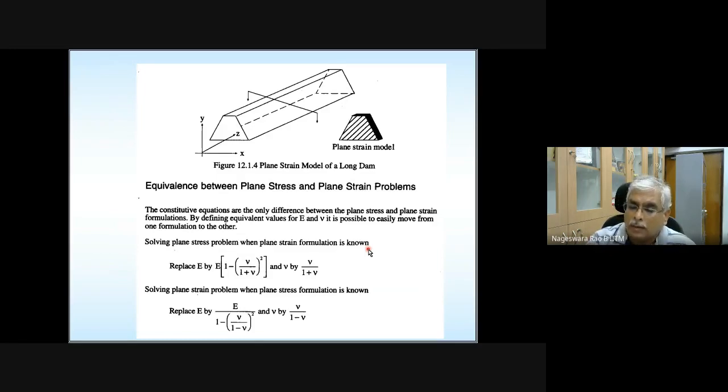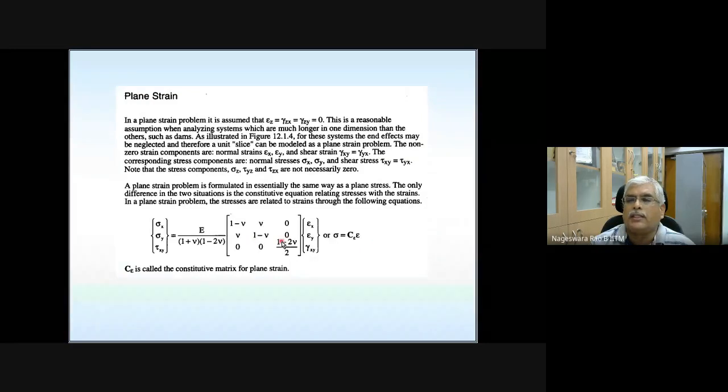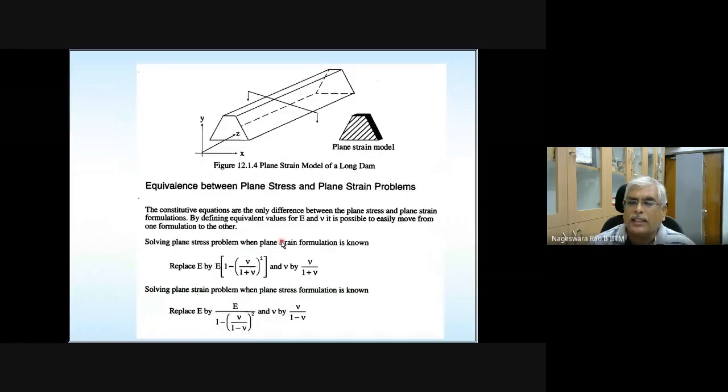So whatever coupled equilibrium equations we have seen, you can develop those coupled differential equations even using these constitutive relations. And if you do that, how the coupled differential equations for plane stress are going to look when compared to plane strain is given here.